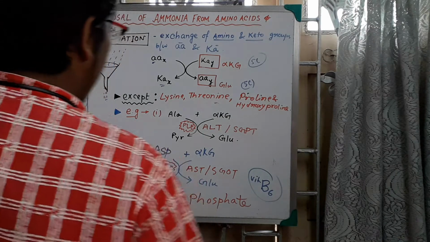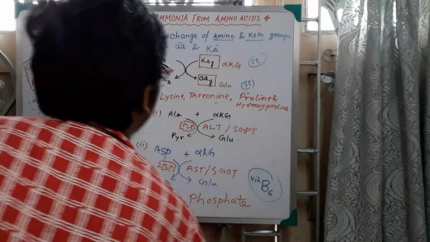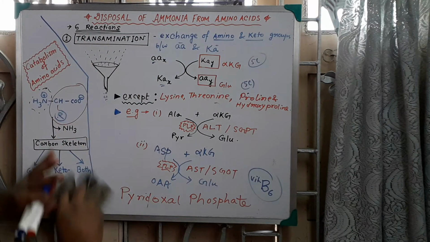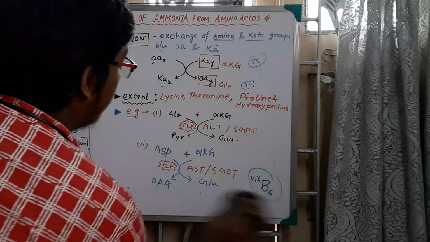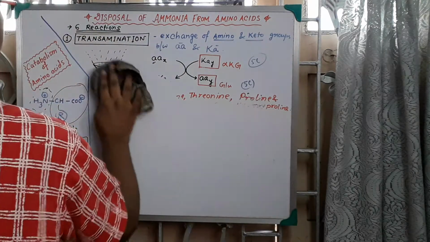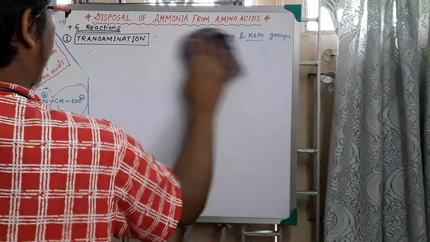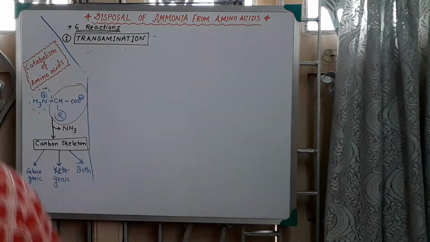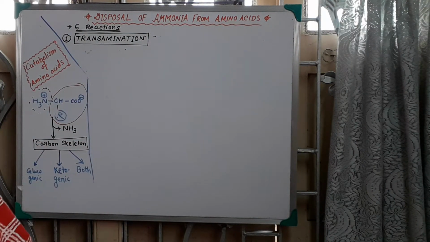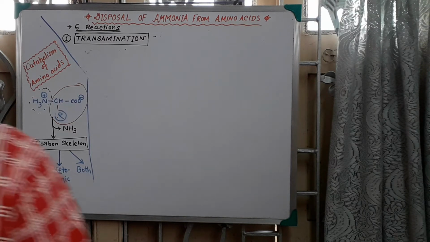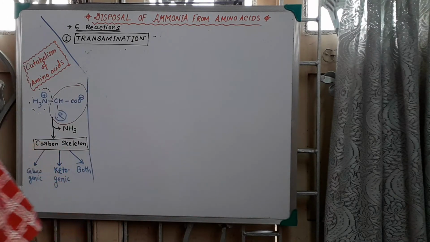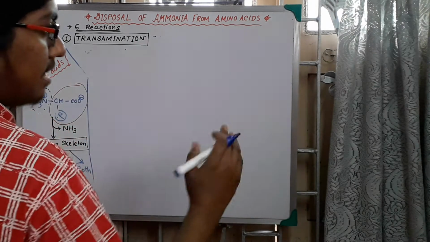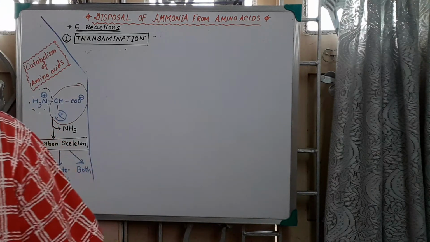Now, how this vitamin B6 or PLP acts in this reaction, I am mentioning it. I am clearing the board. Vitamin B6 or pyridoxal phosphate is the coenzyme of the transaminase enzyme.